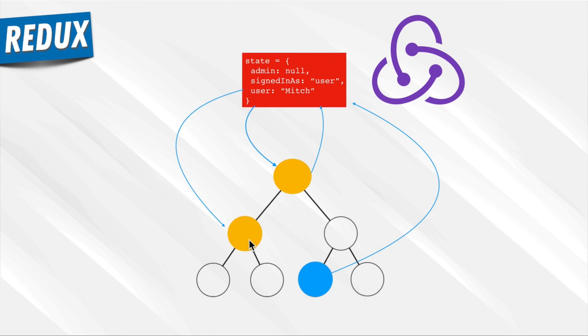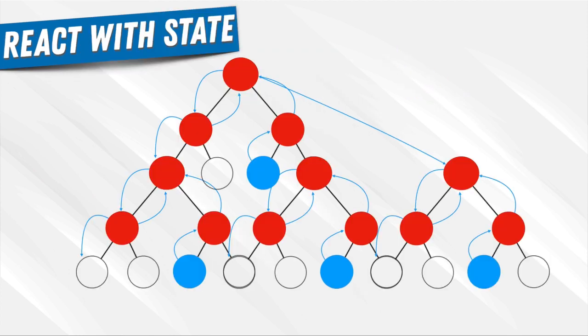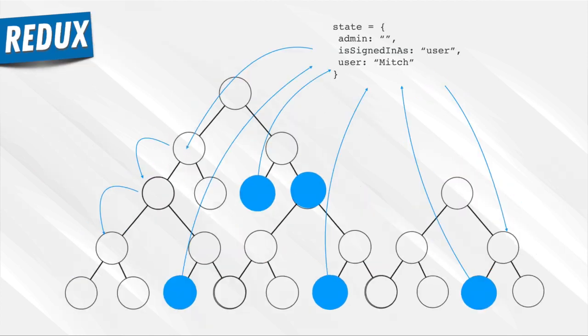So our diagram, from looking like this with just React, can go to looking like this with Redux, where none of the components need to hold state anymore, and we can have one massive object that describes our entire app, and whichever component needs that prop can just be passed down to it.